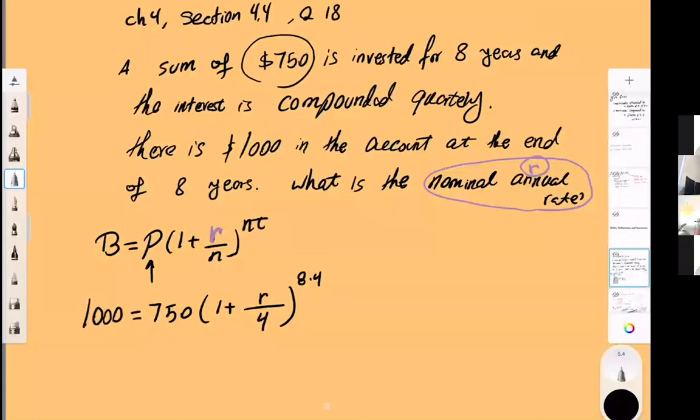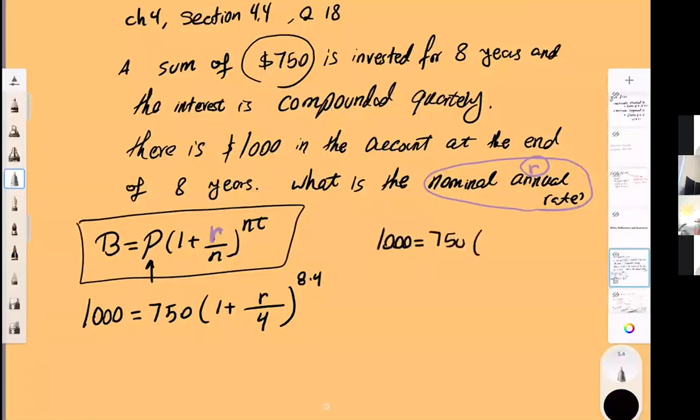So we came up with the equation. If we didn't know this formula, then we would have a problem. But now you know it, so it will be 1,000 equal to 750 times 1 plus r over 4, to the power of 32. We get rid of 750.